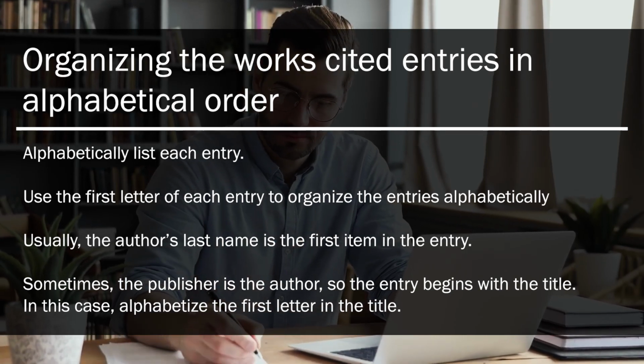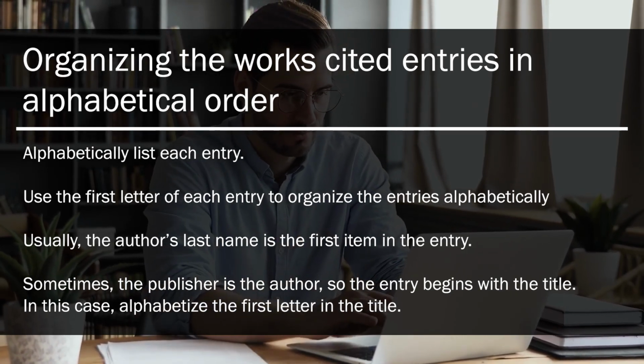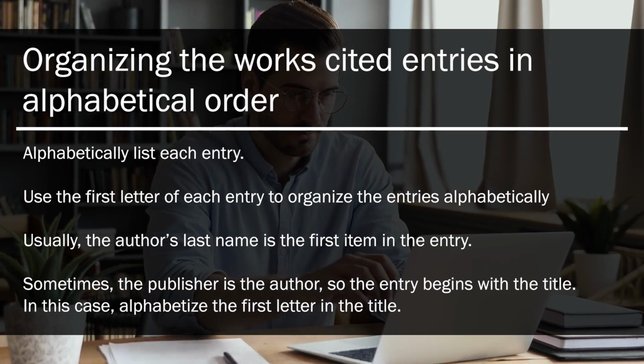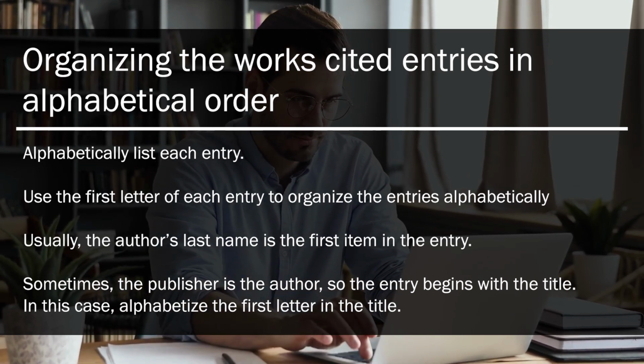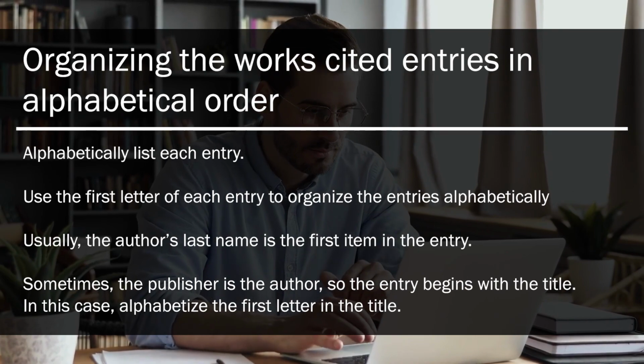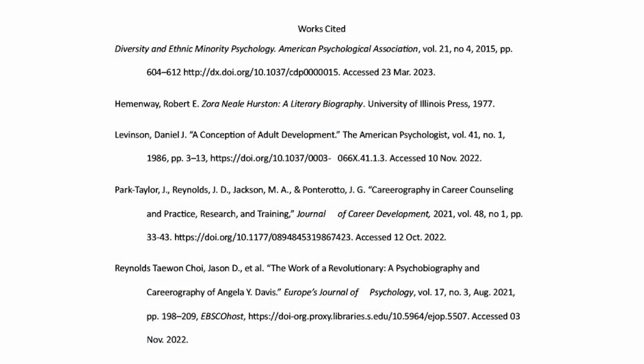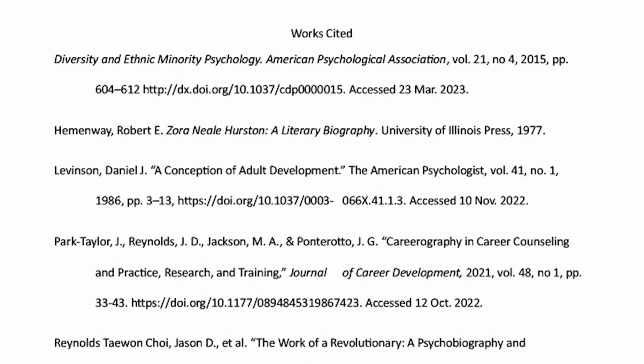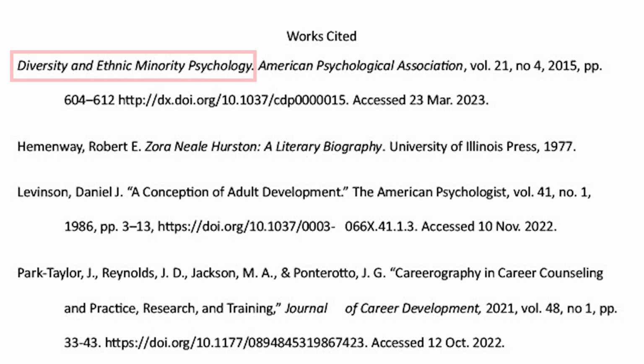When you alphabetize a list, you have to have some starting point. And the starting point that you need is going to be the first letter of each entry. If you look at the sample that I have in front of you, you'll see that it starts with diversity and ethnic minority psychology as the author.